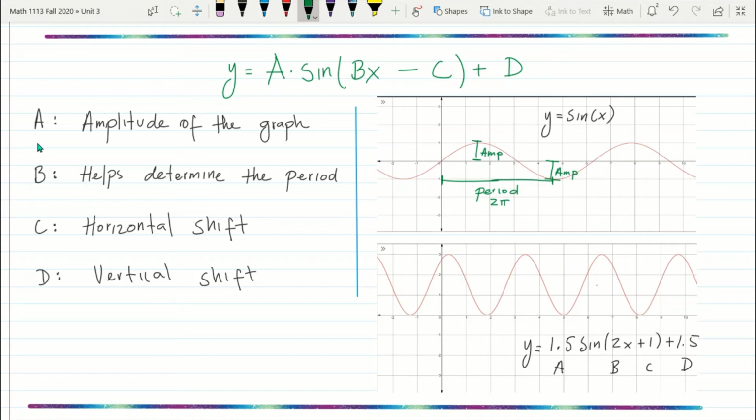So however long it takes for it to go through one complete up and down of the graph. Then the values c and d are just a little bit easier to see, and they're just a shift, a transformation of the graph, meaning c and d tell us whether the graph gets pushed around left and right or up and down.